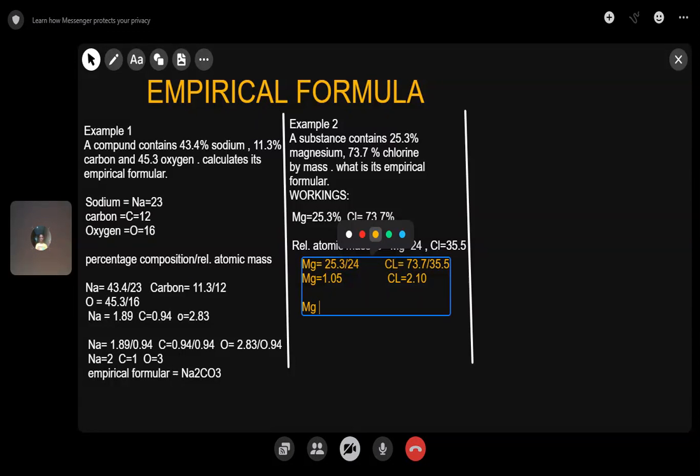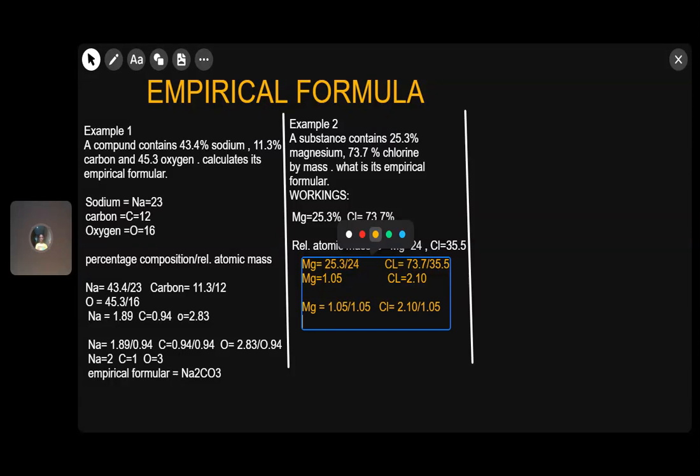Mg equals 1.05 over 1.05, and chlorine equals 2.10 over 1.05. So Mg now equals 1, and chlorine equals 2.